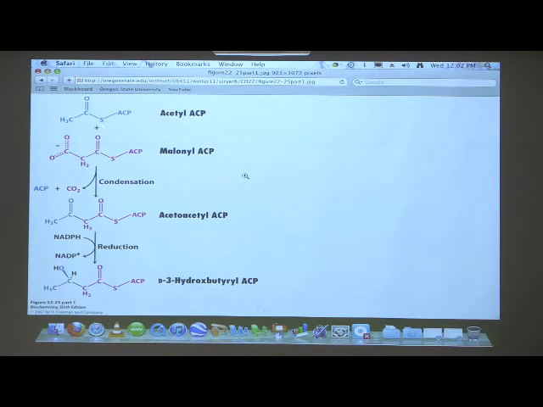You'll notice that these things are color-coded so that we can see where the growing fatty acid chain is. Okay? Well, what happens, it turns out, in this process, we see the acetyl ACP here, the malonyl ACP here. We see that the new carbons that are being added, in other words, the red guys are the new ones, they will remain linked to ACP.